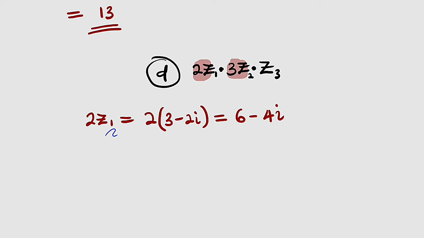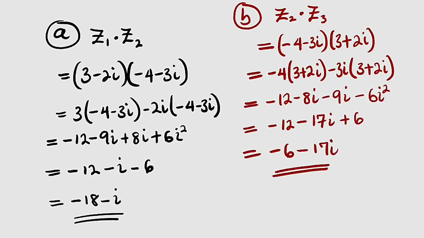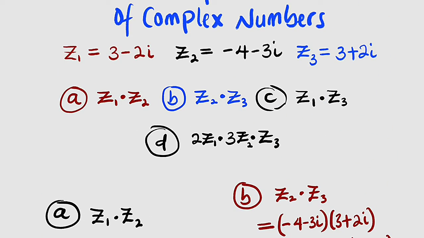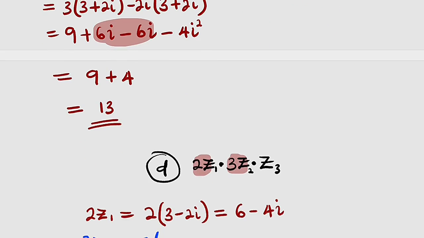Then 3z2 is equal to 3 multiplied by z2. What is z2? z2 is -4 - 3i.